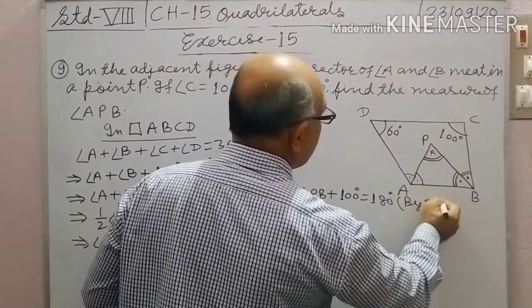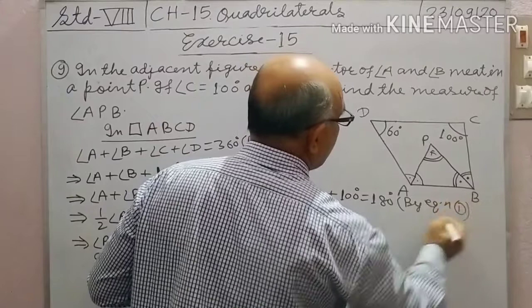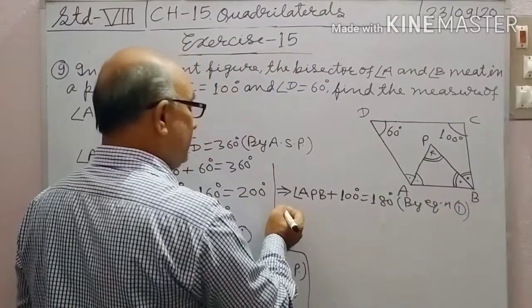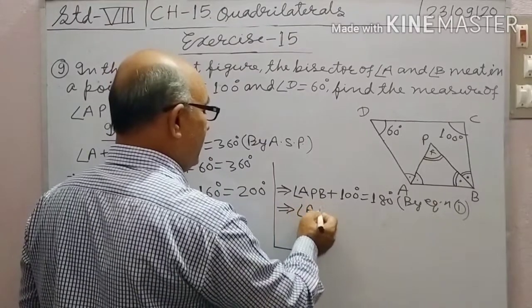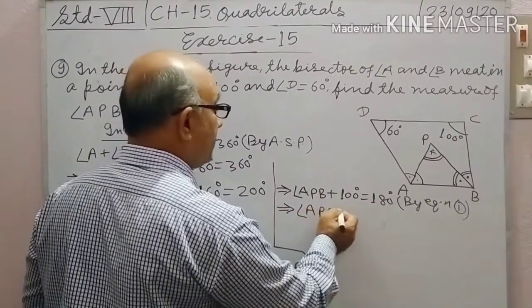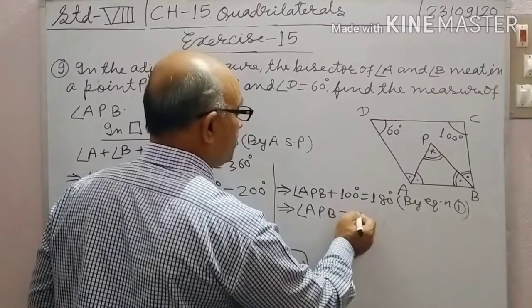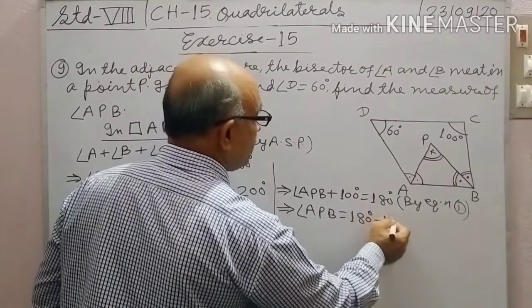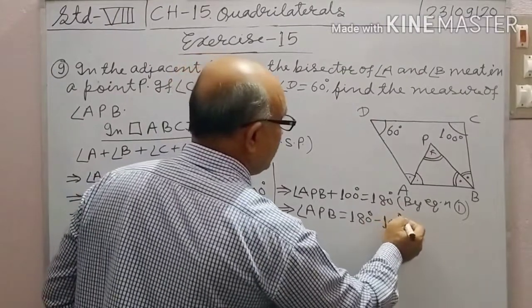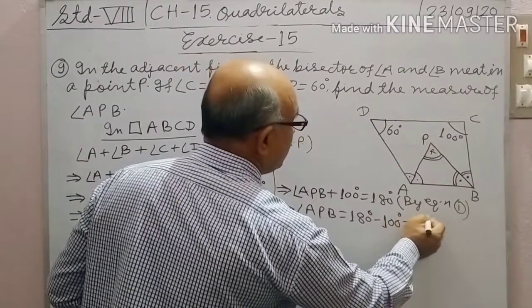That implies angle APB equal to 180 degree minus 100 degree equal to 80 degree. Answer.